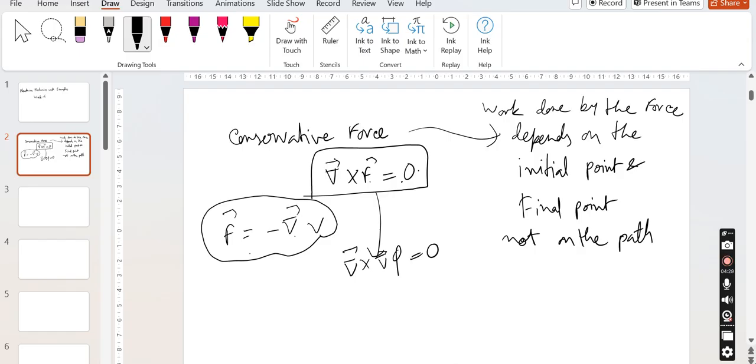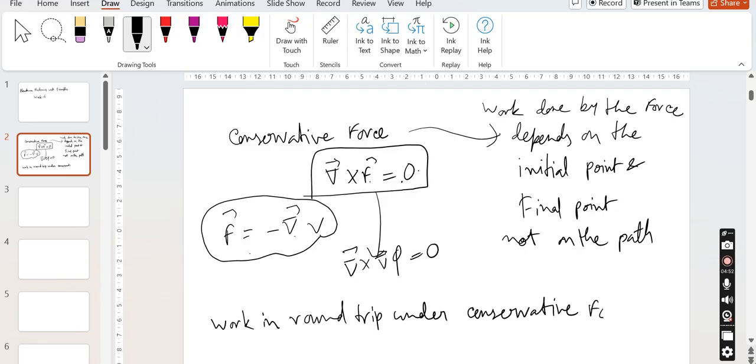Some of the conservative forces are gravitation, electrical force, and so on. Another thing is that the round trip work under a conservative force is 0.